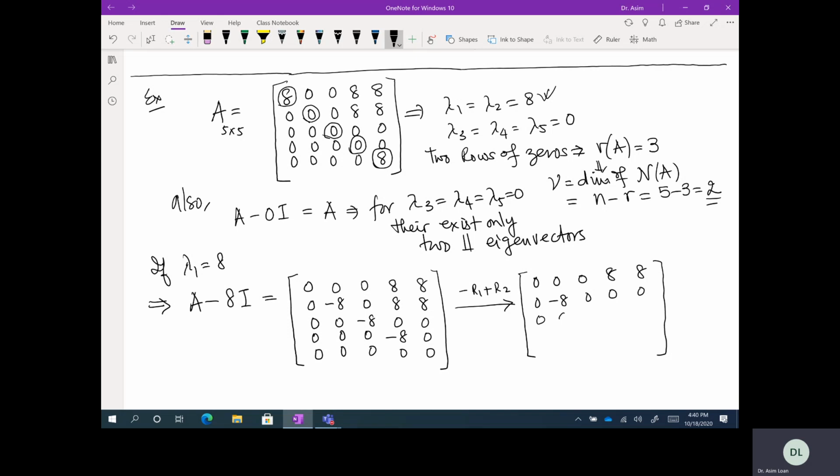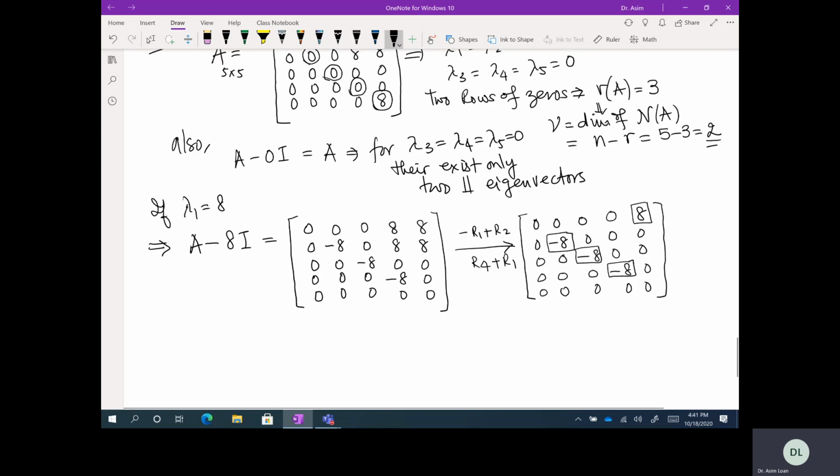So 0, 0, minus 8, 0, 0. So it's only this operation: 0, 0, 0, minus 8, 0, 0, 0, 0, 0, 0. Now I want to get rid of this 8, so I do row 4 plus row 1. This minus 8 goes there. This is 0. So now I think I have pivots. I have this pivot 1, this pivot 2, this pivot 3, this pivot 4.